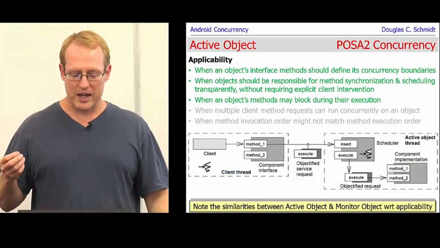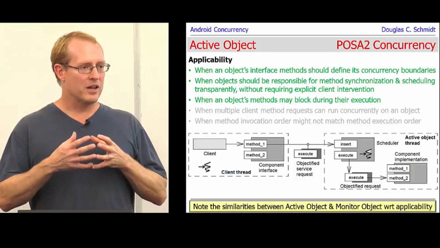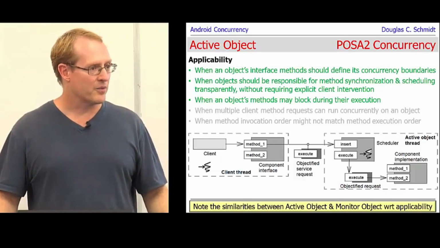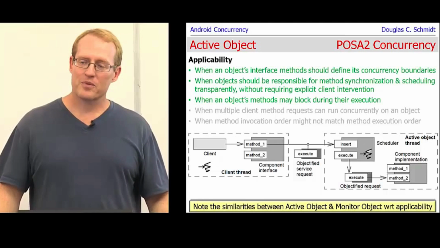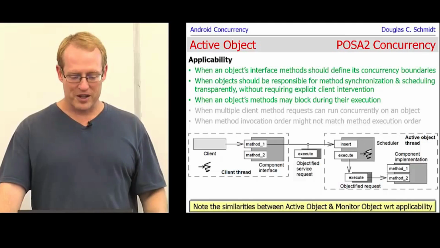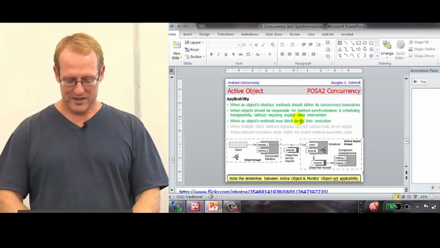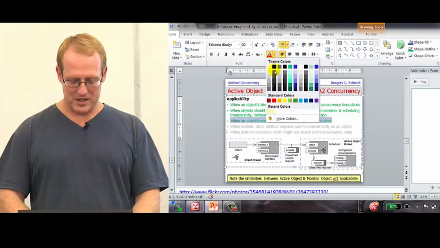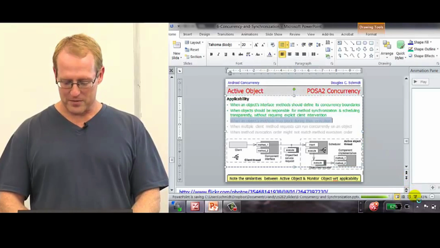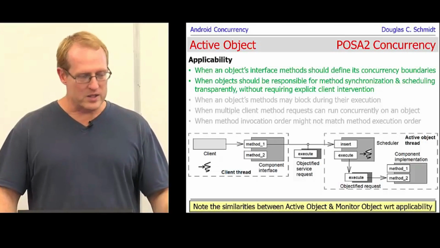You would like to be able to have the method call interface be the boundary for concurrency, and you want to be able to allow things to block without causing problems. To some extent, monitor object can still get you into trouble if you block, so you have to be careful there. In fact, I'll tell you what, because this is important, let's gray that one out. That's really not a good reason. So it's those two reasons.